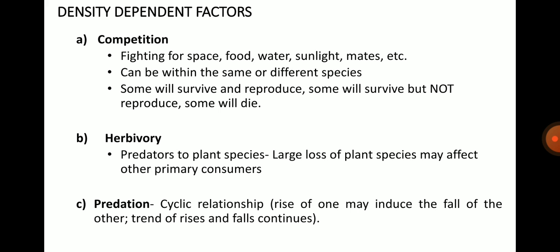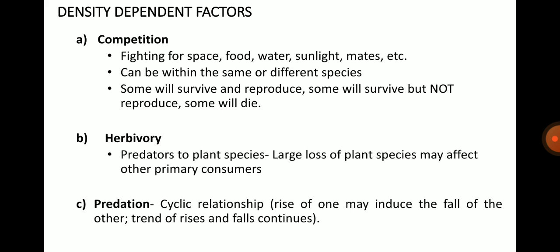So here you know the word meaning of competition. Competition is the competing, that is the fighting for space, food, water, sunlight, mates, etc. And the competition can be within the same or different species, and thus they are called intra-specific and interspecific competition respectively. Some will survive and reproduce in the competition, some will survive but not reproduce, and some will die during the competition.